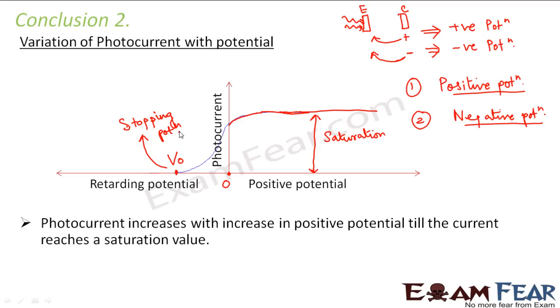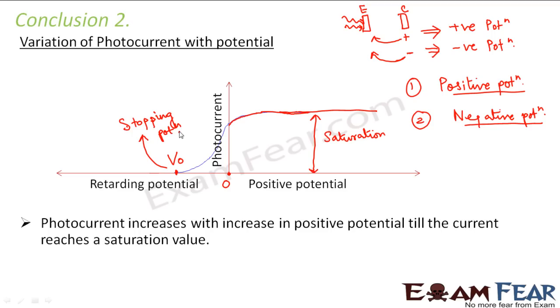That means beyond this potential, there is no flow of current at all. What happens at this stopping potential? Even the most energetic electron, the electron which had the maximum kinetic energy, even that electron fails to reach the collector.